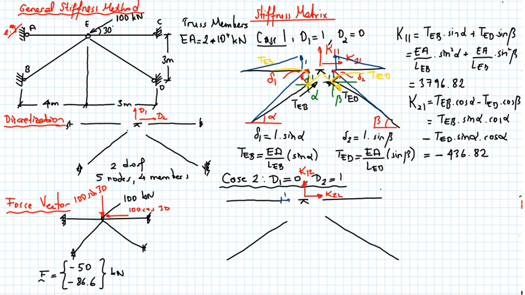So we have a unit translation here, an elongation at member AE, shortening at member EC. This point moved by a unit amount in this direction, unit in this direction. So the deformed shape of these two members will look like this. And let's remember, this is alpha, and this is beta.